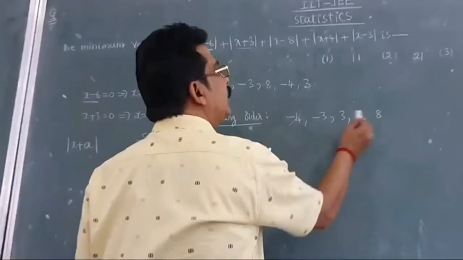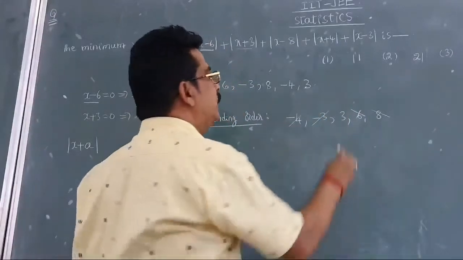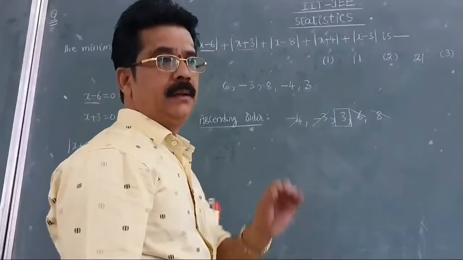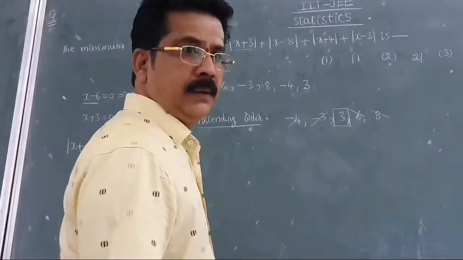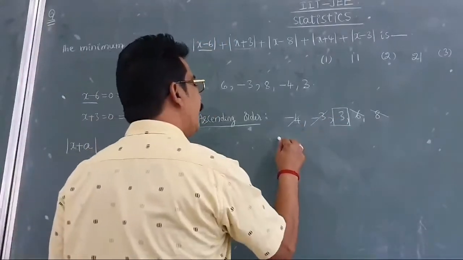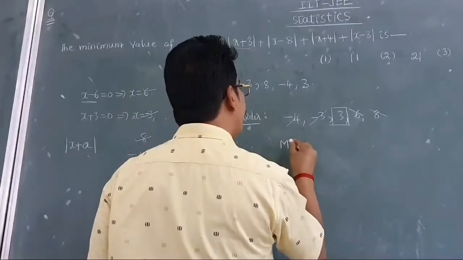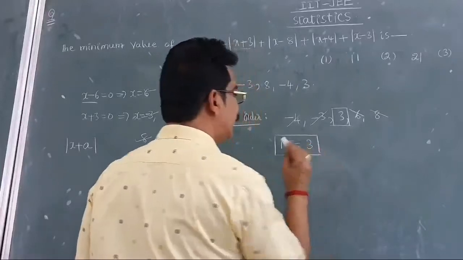So strike out the first one and the last one. Next, this is called the median. Already I said the meaning of median. Median means mid value. Therefore, the median m equal to 3. This is the median.